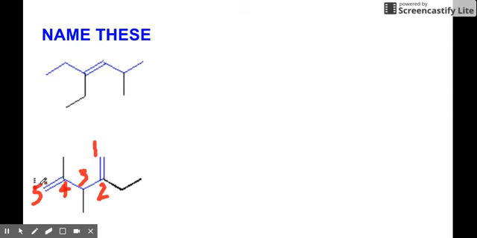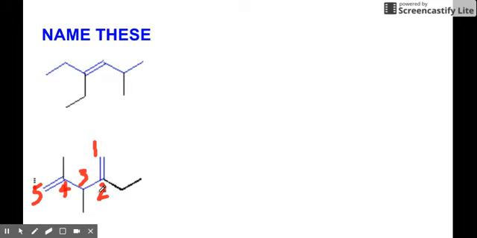Because the branches are equidistant here, the third consideration will be the initials of the branch's name. And because E comes before M, that's why we begin numbering from here. And so let's now start naming it. We'll start with ethyl, obviously.